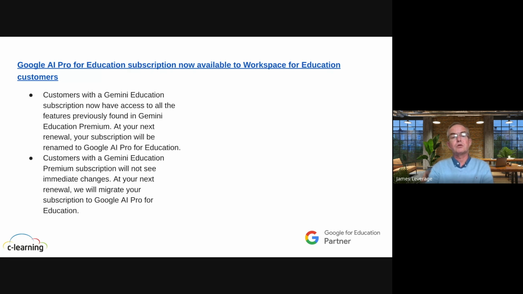For example, if you've got the Gemini Education subscription, you'll have full access to all of the education premium features with Gemini, but you'll see in your subscriptions page in the admin console, next time it renews, it won't be called that anymore. It'll just be called Google AI Pro for Education.